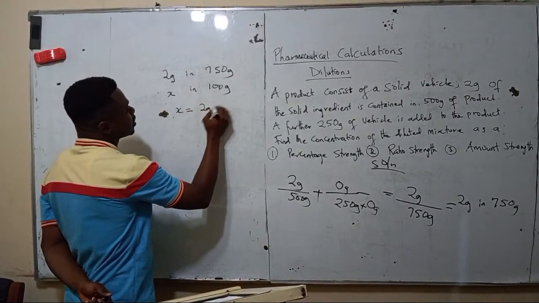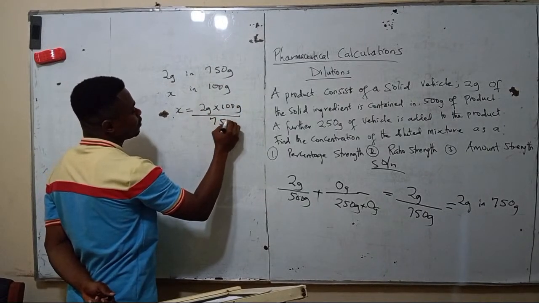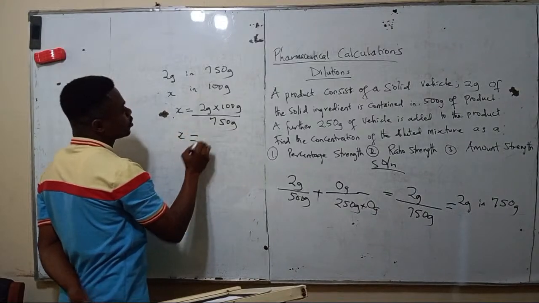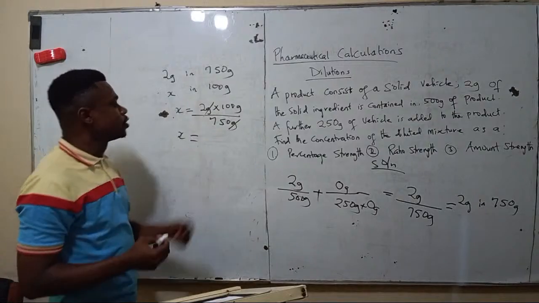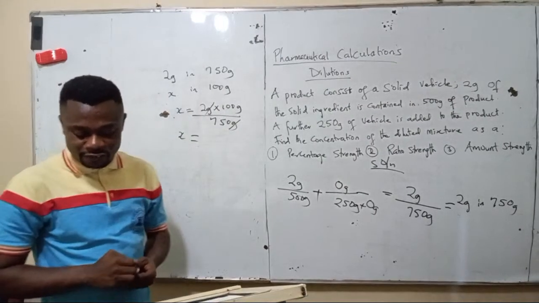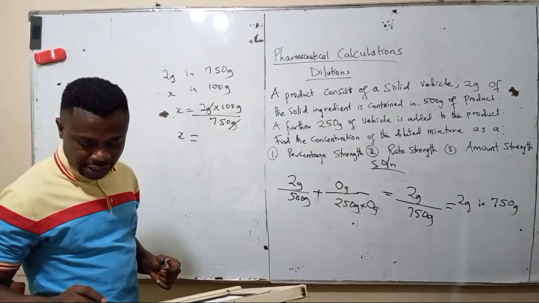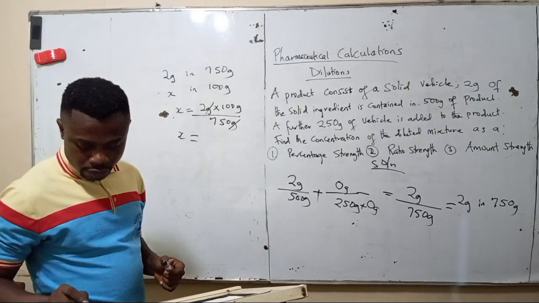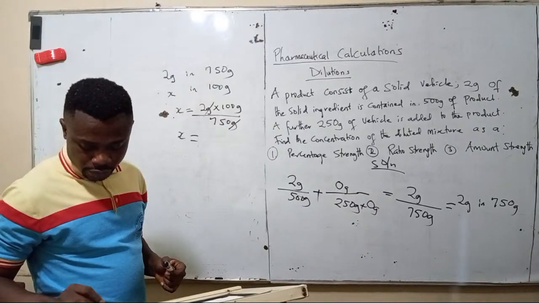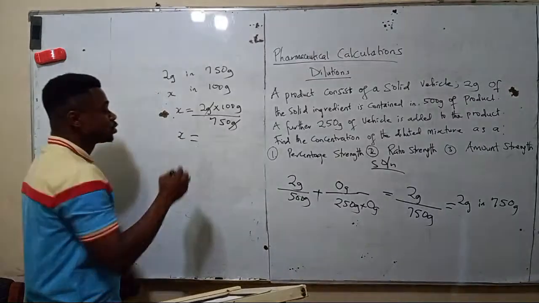So X is equal to, gram will cancel gram, 200 divided by 750. So we don't waste our time, we simply do it on the calculator: 0.2667, probably 0.27.